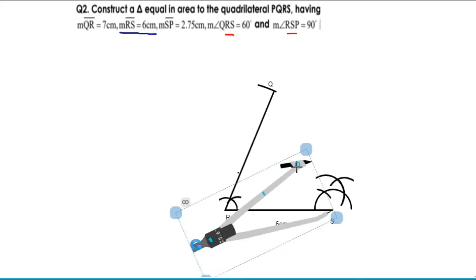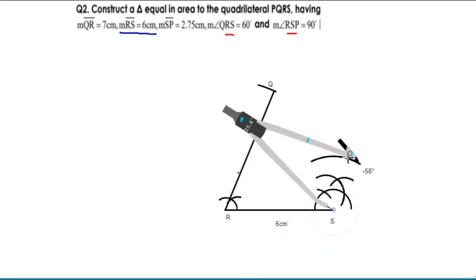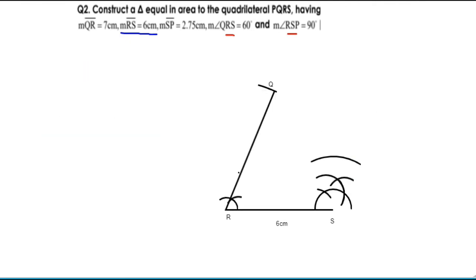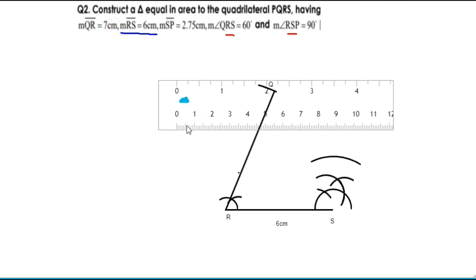So now taking S as a center, we have drawn another arc of 2.75 centimeters. Let's take the scale again, and we have to draw that 90-degree angle till that arc.